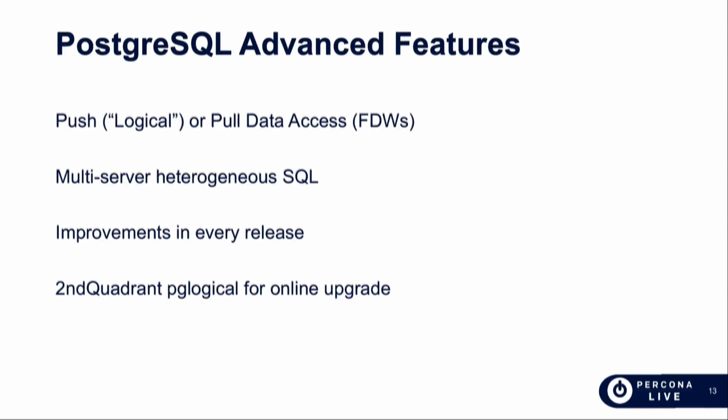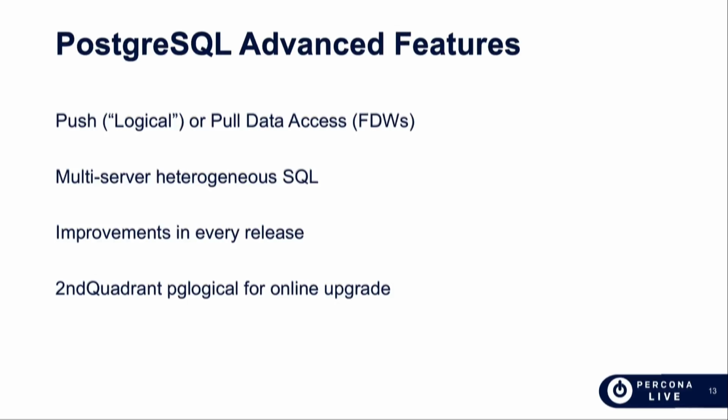So far I've described two distinct groupings of functionality. The first one is replication for high availability. The next lot of features are about interoperability between servers, both push and pull.